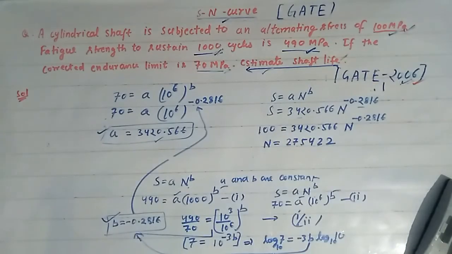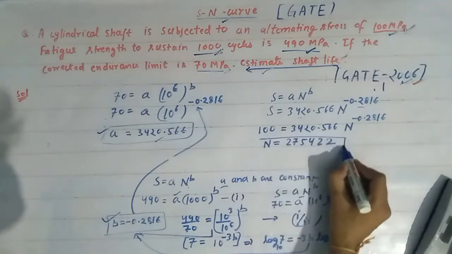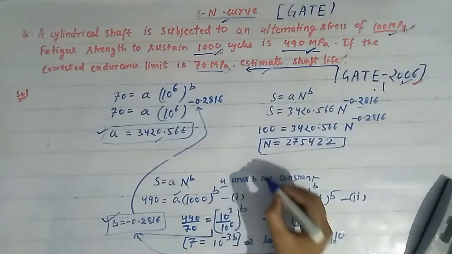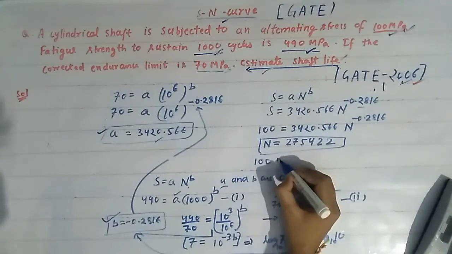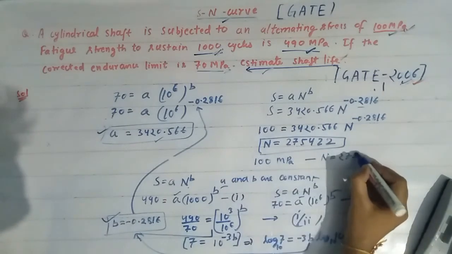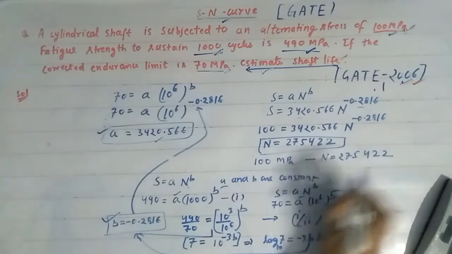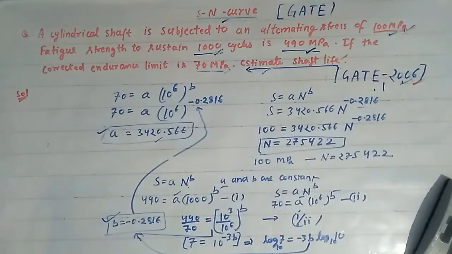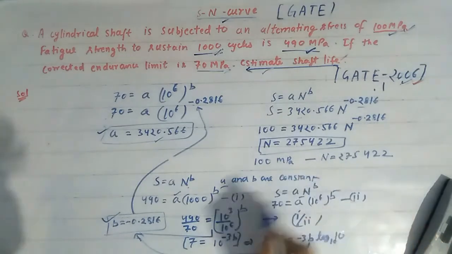So this is the second method of finding the value of N. Corresponding to 100 megapascal, the number of cycles to failure is 275422. This is the method to calculate the number of cycles.